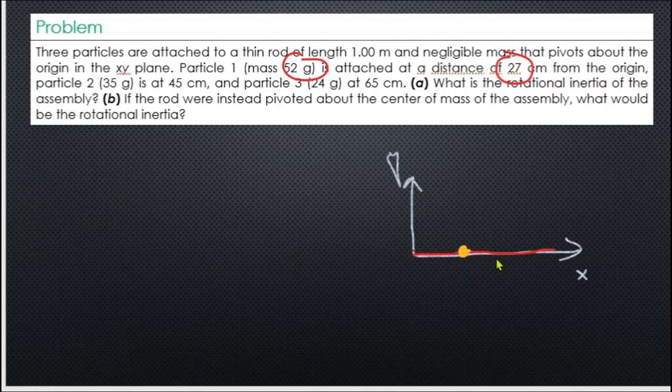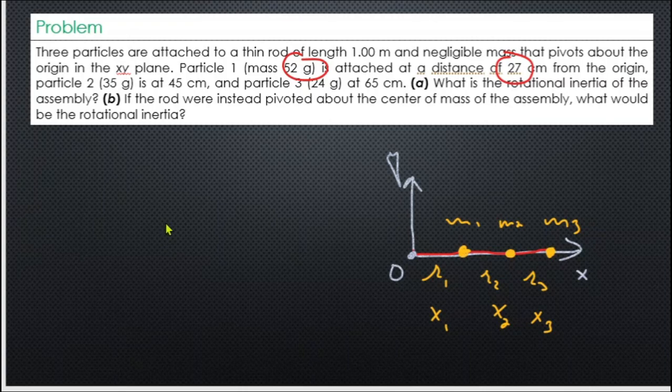The first particle has mass m1, the second particle has mass m2, and the third particle has mass m3. The distance of the first particle from the origin is r1, the second particle is r2, and the third particle is r3. And if these three particles are lying on the x-axis, then we can say that that is x1, that is x2, and the third one is x3.